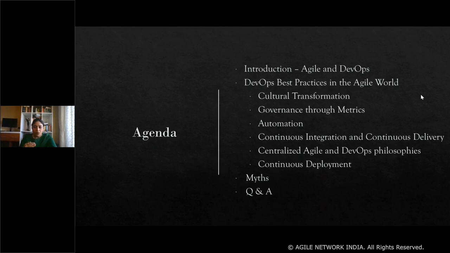Then we are going to touch upon 5 or 6 best practices for DevOps in the Agile world, which include cultural transformation, governance through metrics, automation, continuous integration and continuous delivery, centralized Agile and DevOps philosophies, and continuous deployment. Also, I'm going to touch upon briefly, at the end of the session, the myths that many people have in their minds about DevOps. And later, we will open the forum for a quick Q&A.